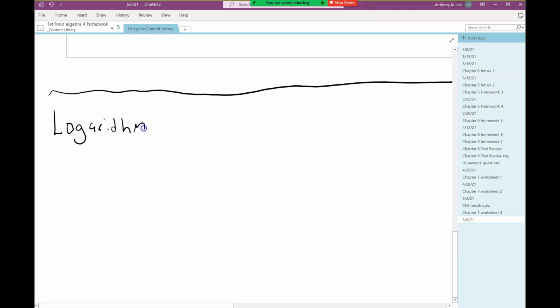What we're going to talk about today is this new thing called a logarithm. Throughout our mathematics education, when we've introduced you to an operation, typically the inverse of that operation is followed shortly thereafter.